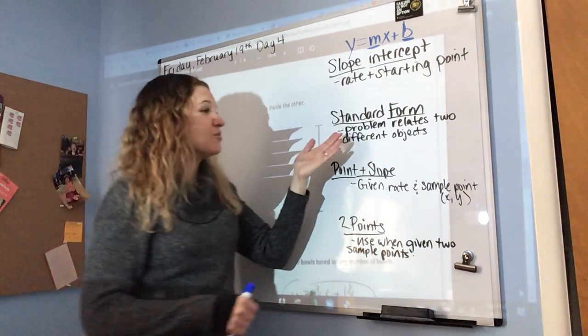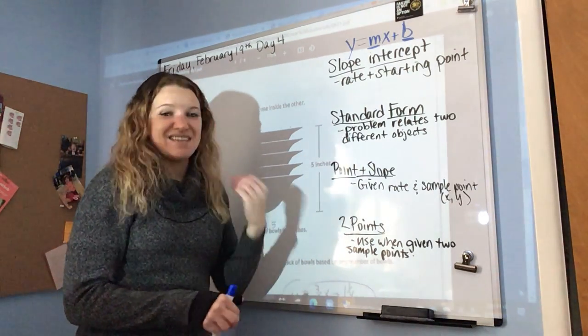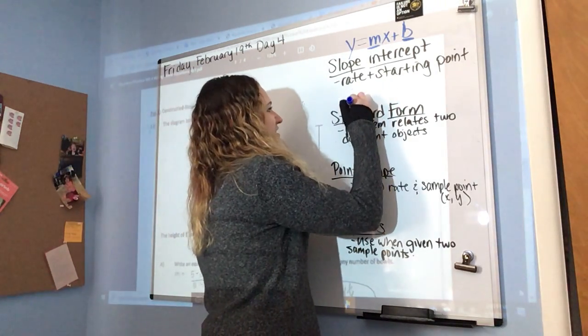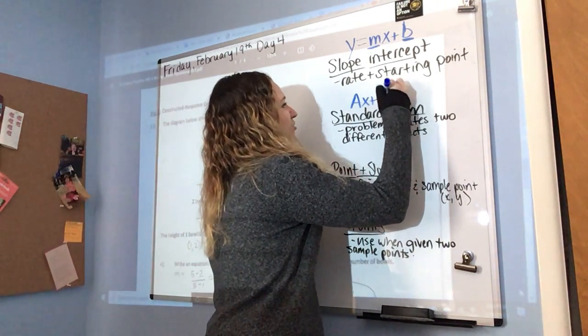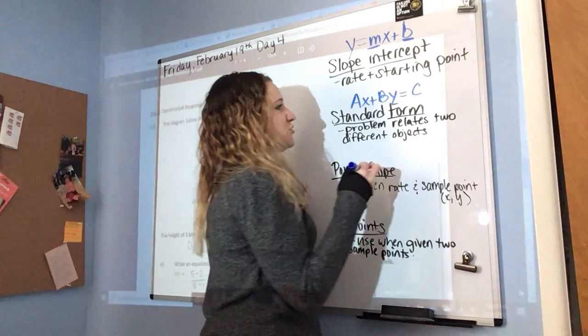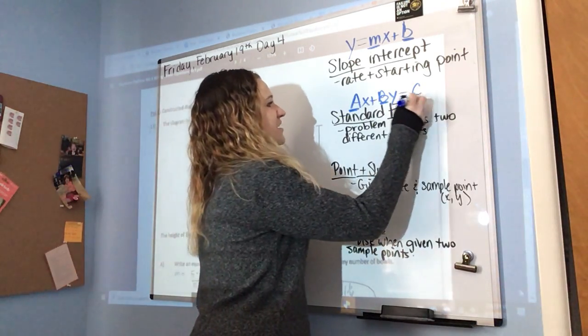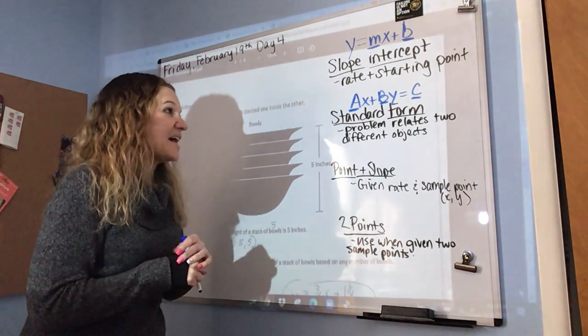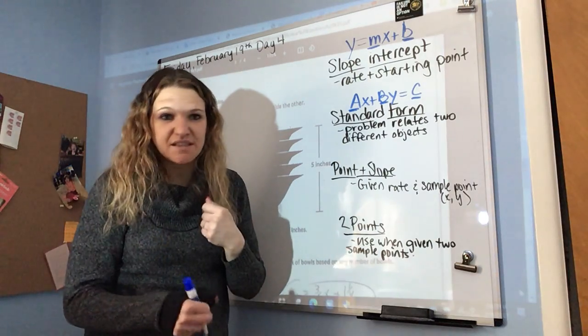The second form that you're going to see a lot is standard form, and that looks like this: ax plus by equals c. You would plug in numbers for the a, the b, and the c here. Typically, that's a problem that relates two different things.